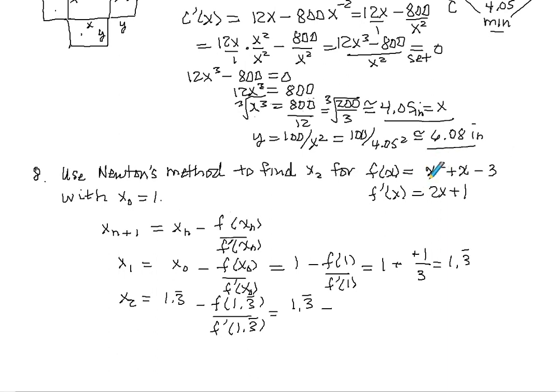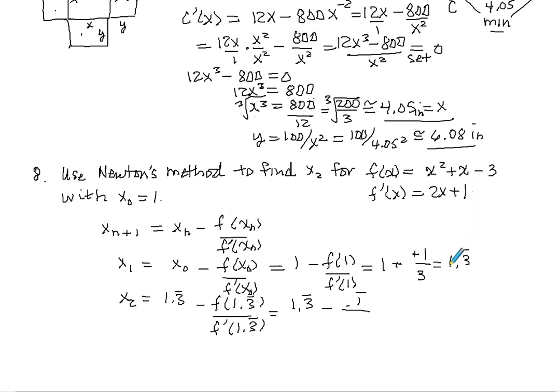So 1.3 repeating squared is 1.77, and then plus the 1.3 repeating again gives you 3.11 repeating, and minus 3 gives us 0.1 repeating. So the top of the fraction is actually 0.1 bar, and then the bottom of the fraction is going to be 2 times 1.33 repeating plus 1.